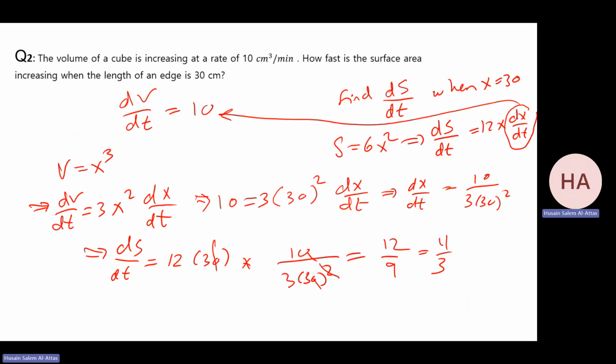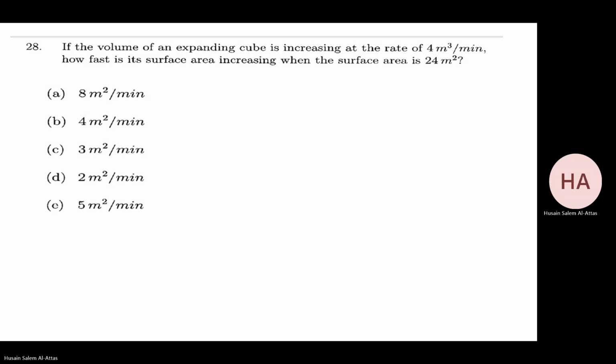If the volume is expanding at this rate, so dV/dt equals 4, find ds/dt when S is 24.